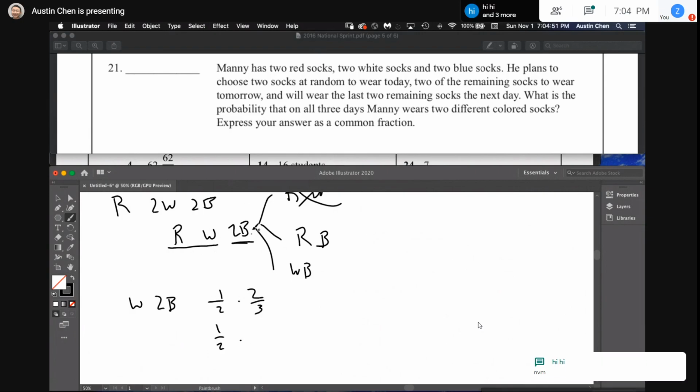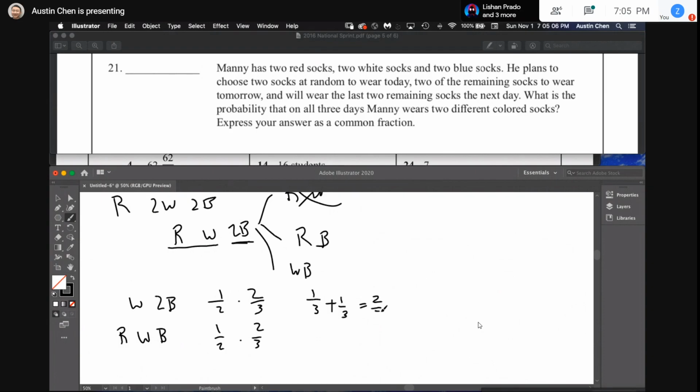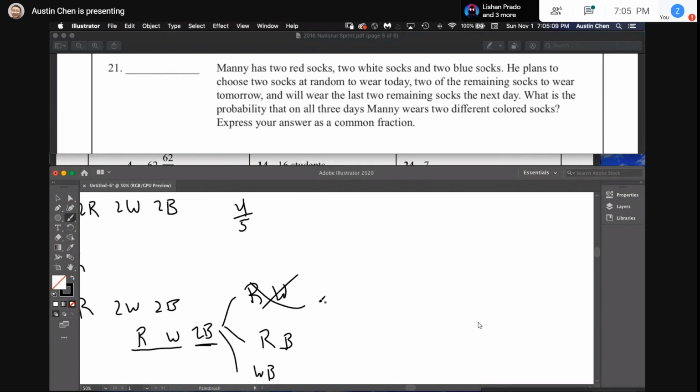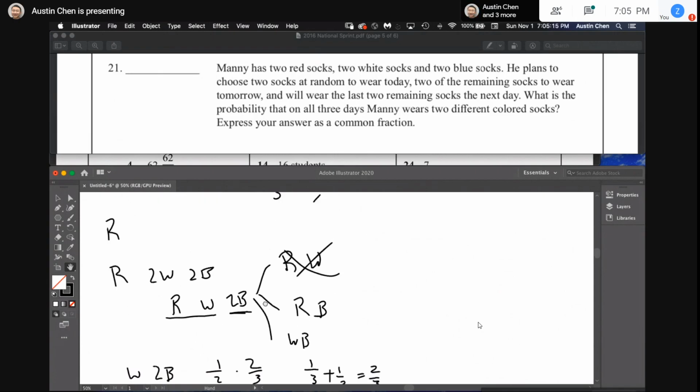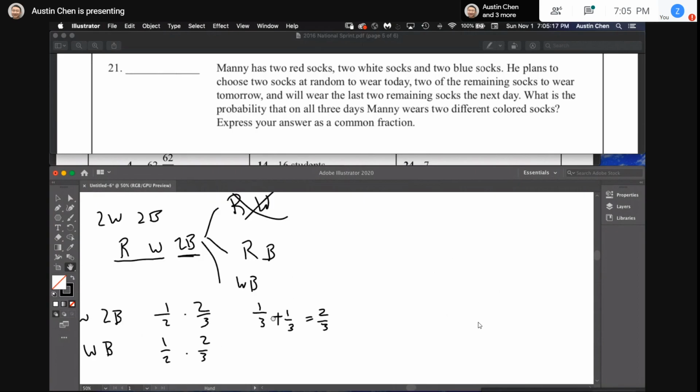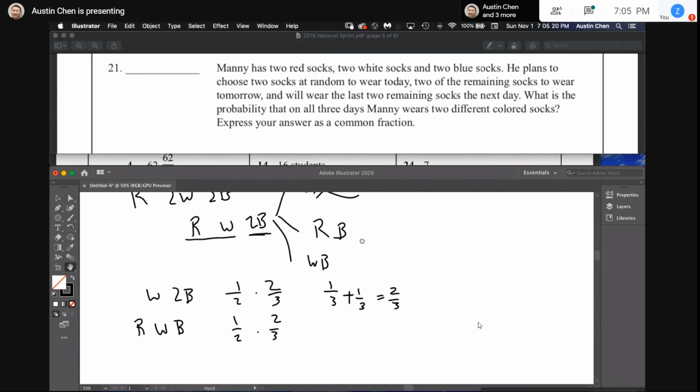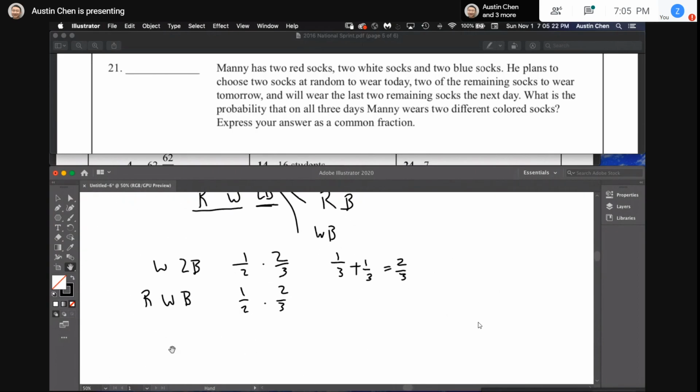In this case, we chose blue first. So then we'll have red, white, and blue. And because we chose blue, we need to choose red or white, but that's also 2/3, right? So then our probability will just be 1/3 plus 1/3, which is just 2/3. Okay, so our second day will be 2/3, no matter what, right? Because our first day was just one case, and our last day, what will we be left with?